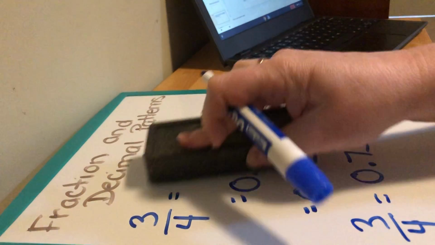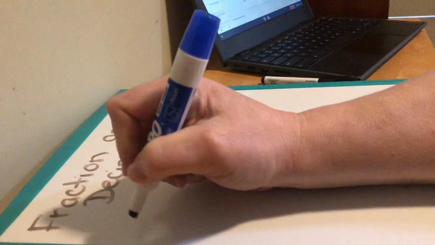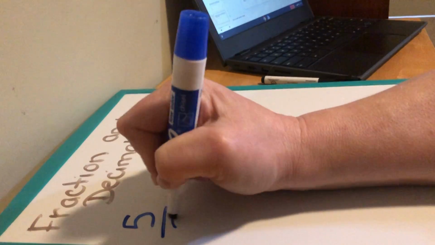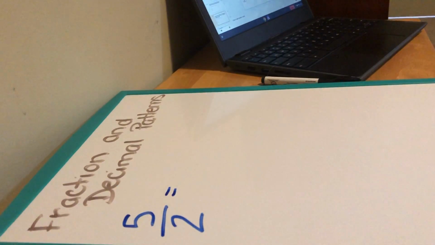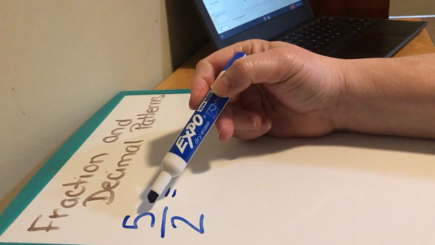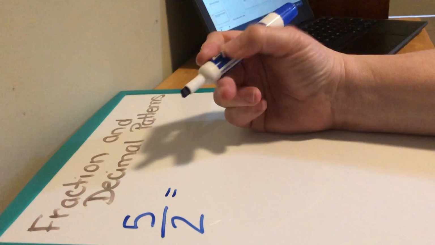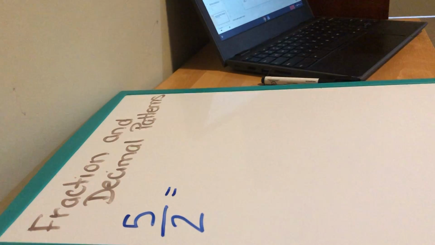Okay? Let's do one more example because the next question gets a bit tricky. The next question says 5/2. Now this is an improper fraction because the numerator on top is bigger than the denominator. And most of the time fractions don't like to be this way, but in this case it doesn't really matter because we're simply going to change it into a decimal.